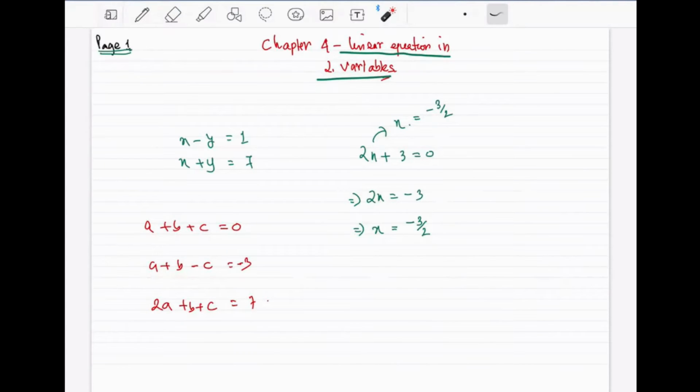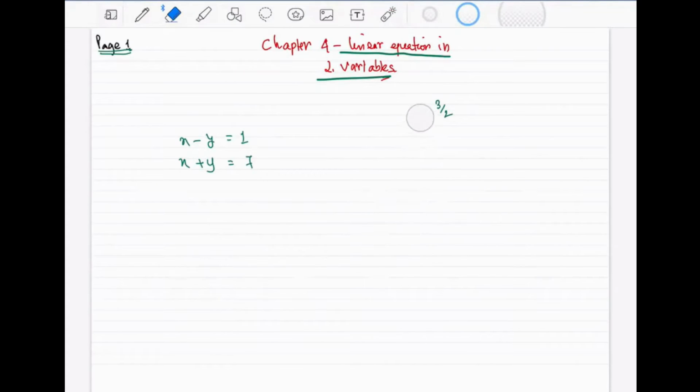These are the unknowns. In order to solve what is the value of a, what is the value of b, what is the value of c, since there are three variables, we will need three equations. So if we have two variables in a linear equation, you have to note this: we need two equations in order to solve it.